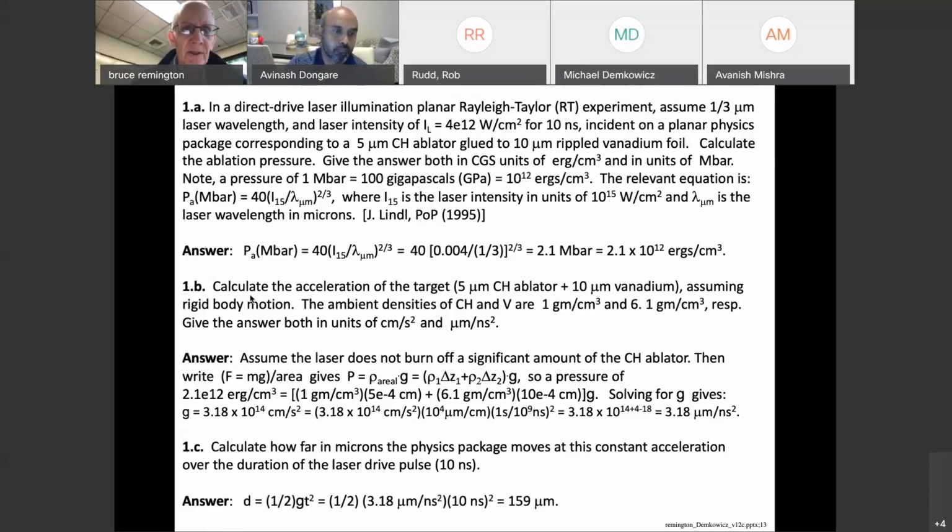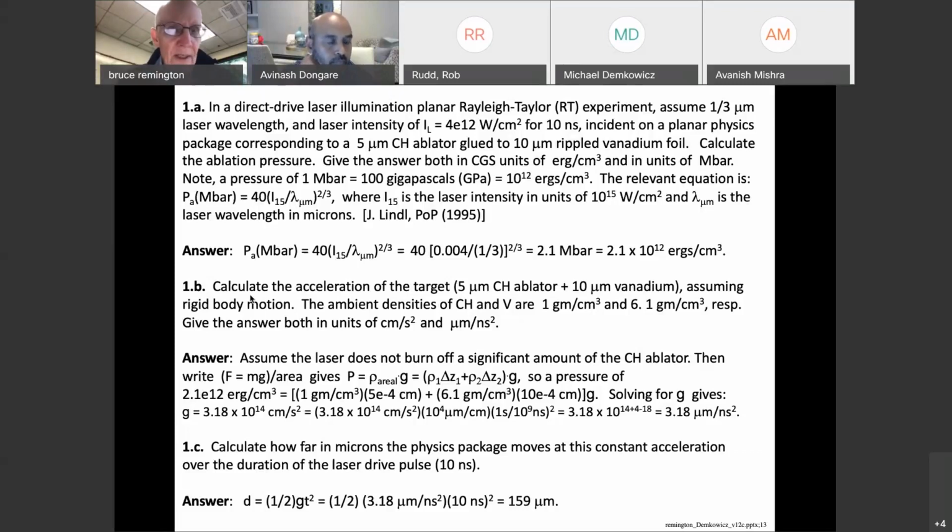Give the answer in centimeters per second squared and also microns per nanosecond squared. I keep doing these conversions because the equations are usually given in CGS, but the experiments that we do typically are dealing with microns and nanoseconds.